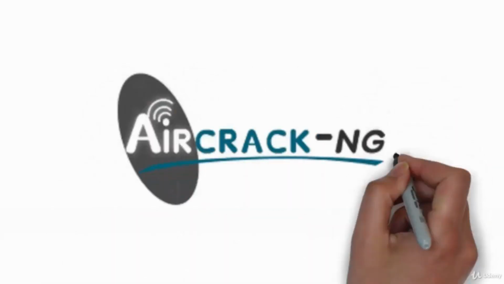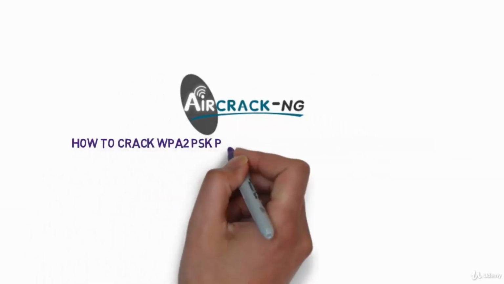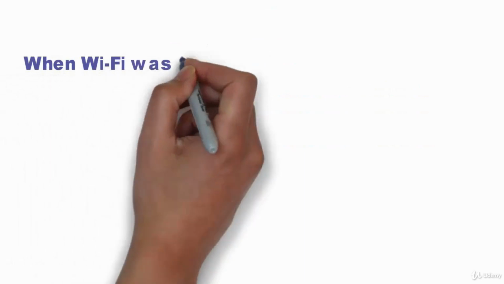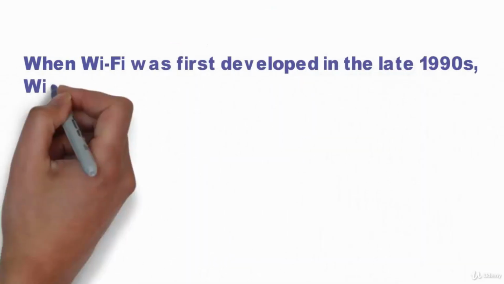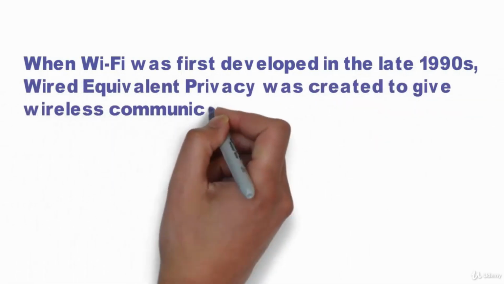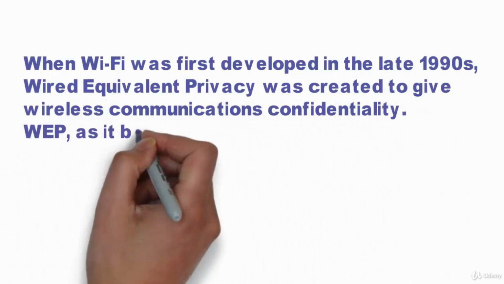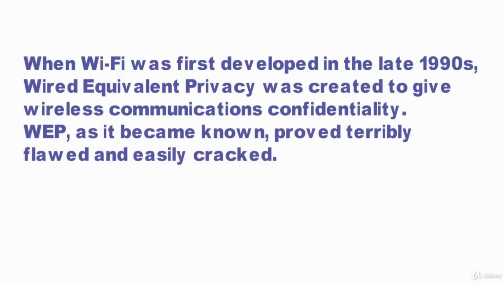Welcome. In this video, we are going to learn how to crack WPA2 PSK passwords using the Aircrack-ng tool. When Wi-Fi was first developed in the late 1990s, Wired Equivalent Privacy was created to give wireless communication confidentiality. WEP, as it became known, proved terribly flawed and easily cracked.